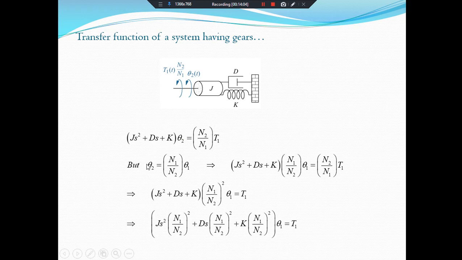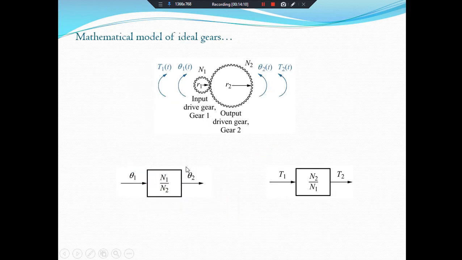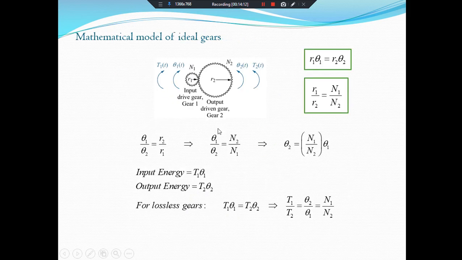But you know very well that theta 2 is equal to N1 by N2 into theta 1 from this block diagram, or from this relation, that theta 1 by theta 2 is equal to N2 by N1, as the angular displacement is inversely proportional to the number of teeth. So theta 2 is equal to N1 by N2 into theta 1.